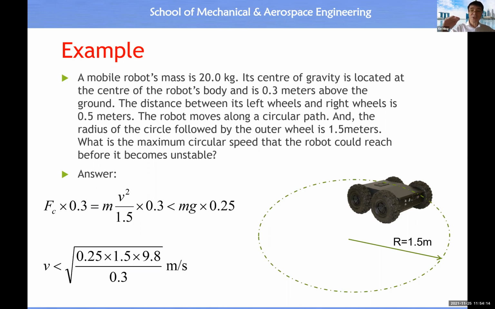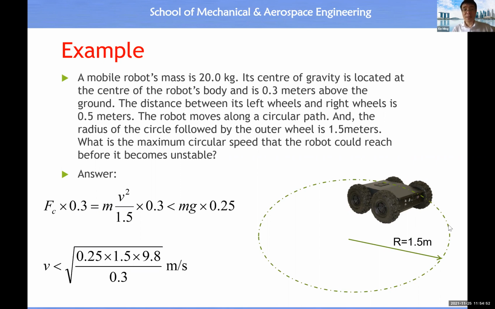This centrifugal force times the moment arm will produce a torque about the right edge of the right wheel. When this rotating torque is greater than the counter torque due to gravitational force acting on the body of the robot, then the body of the robot will start to rotate about the right edge of the right wheel.